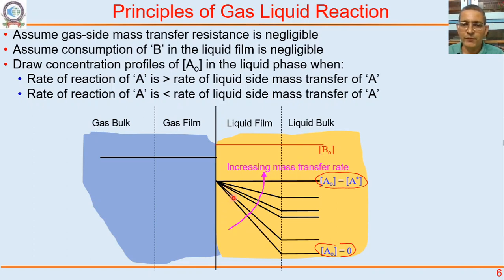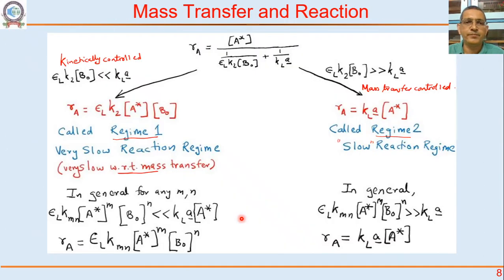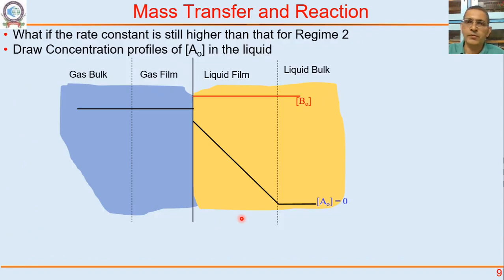So then diffusion and reaction will become parallel. They are no longer in series. If reaction rate goes up even more than this situation, then diffusion and reaction will start becoming parallel. Simultaneously it is diffusing and it is reacting. I want you to draw concentration profiles.